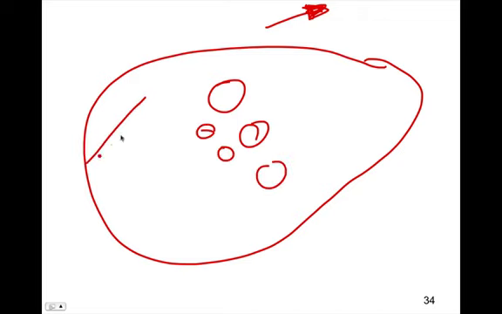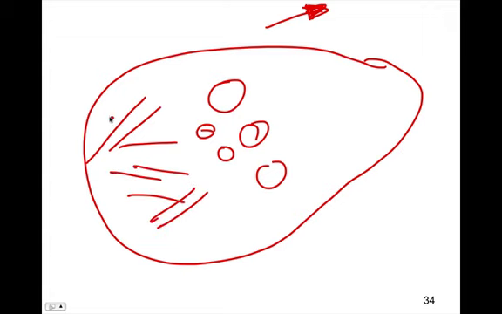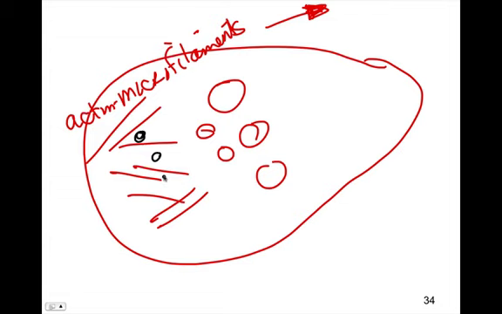And back here, in the back of the cell, are actin microfilaments and myosin protein. This is not a muscle cell, but these proteins can slide past each other using energy.